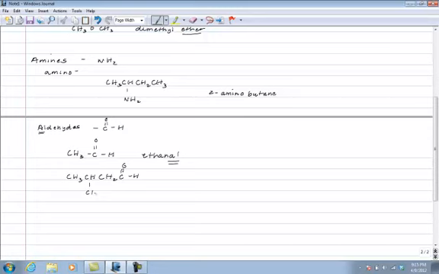If we look at the name of the parent chain, we have 4 carbons in the chain. So it's like a butane, but it's not butane, it's butanal. So that's the parent name. Notice off of carbon number 3 is the chlorine, so this is 3-chlorobutanal, and that's an aldehyde.